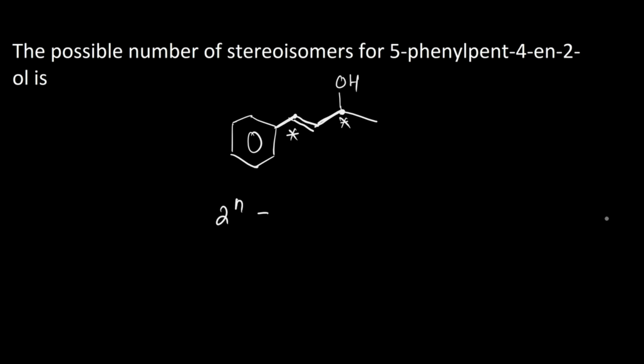So 2 to the power n, that is 4 stereoisomers are possible. One is for this Cis-Trans, and then this will have D and L.